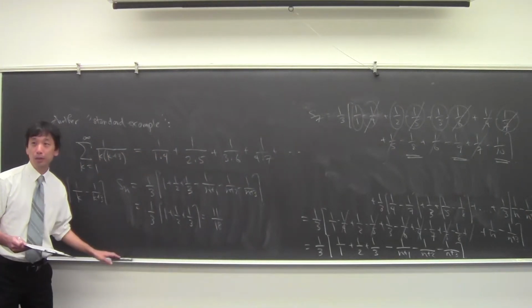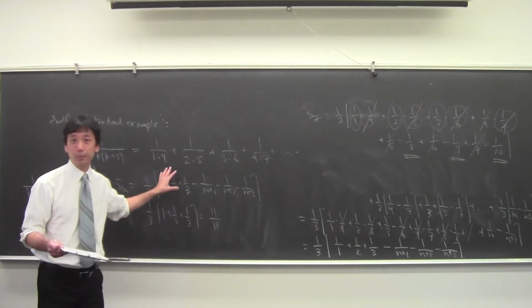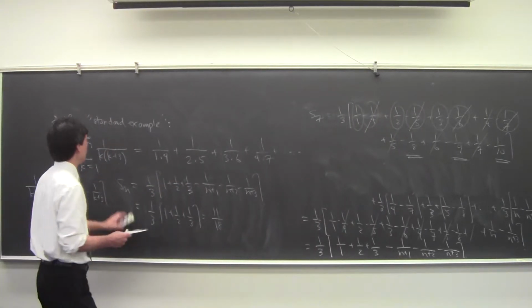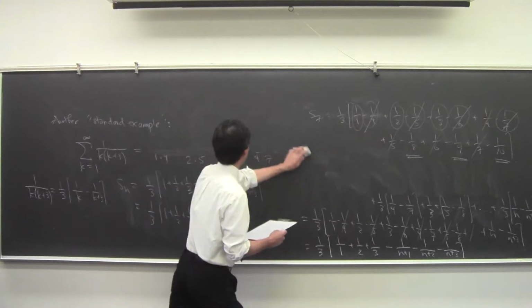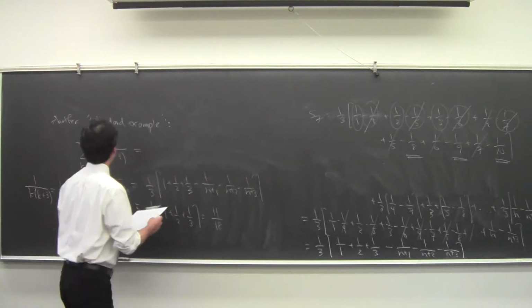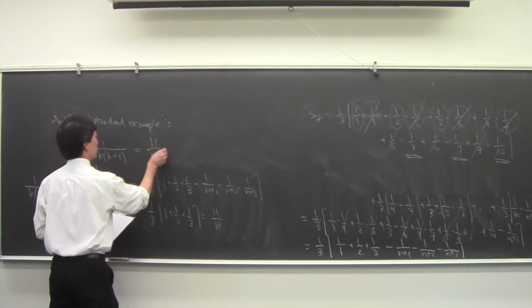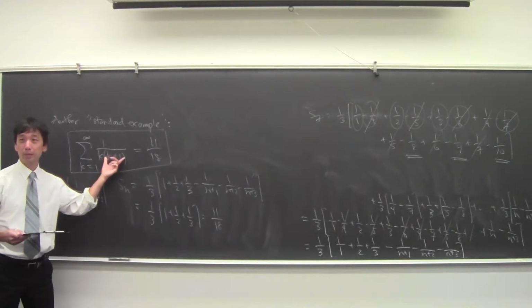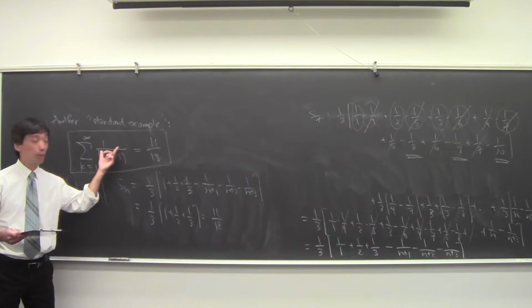So this is just another example of what we mean by it. What we get in the end is that this infinite series sums to 11/18. What do we mean by that?